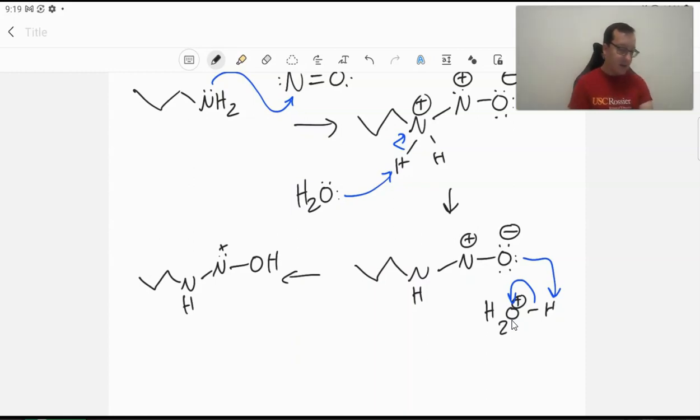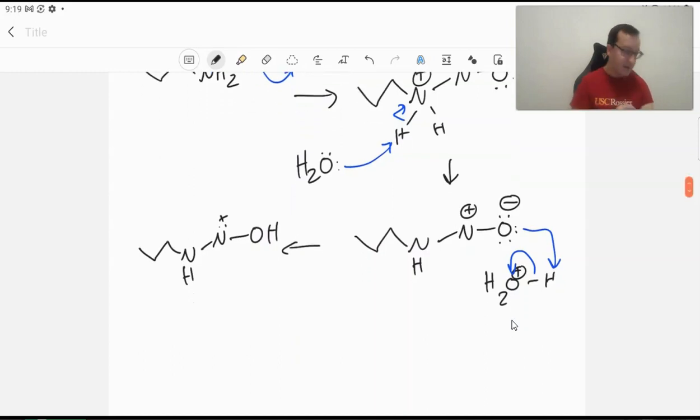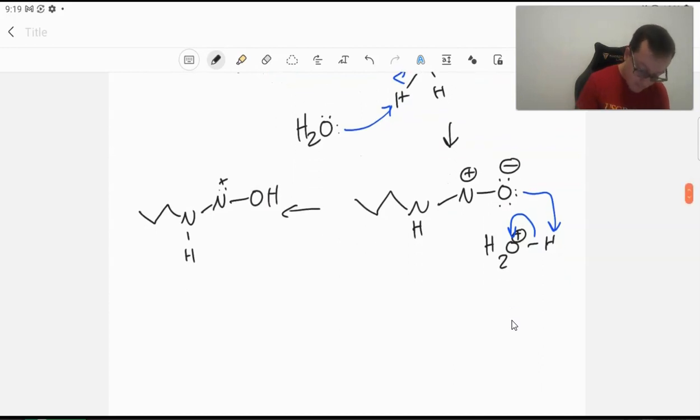All right, guess what we're going to do? We are going to go ahead and now steal another proton away from one of our nitrogens, which is going to help stabilize this a little bit more. All this stuff is just protons moving around, honestly. That's the entire mechanism for this thing.